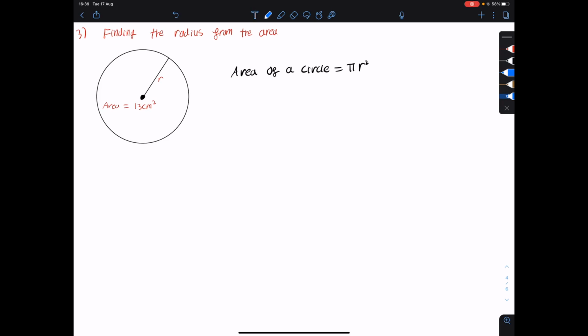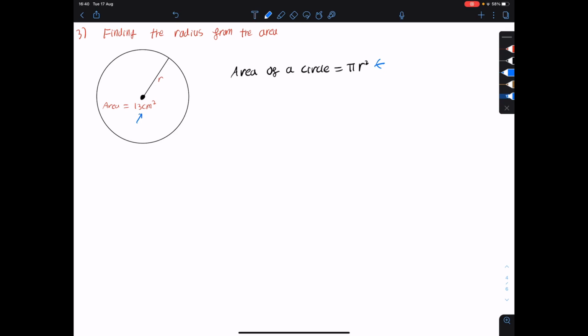Okay, so in our third example, we're asked to find the radius using the area, and all we know is that the area of a circle is pi r squared. So in this question, we're given that the area is equal to 13 centimetres squared.